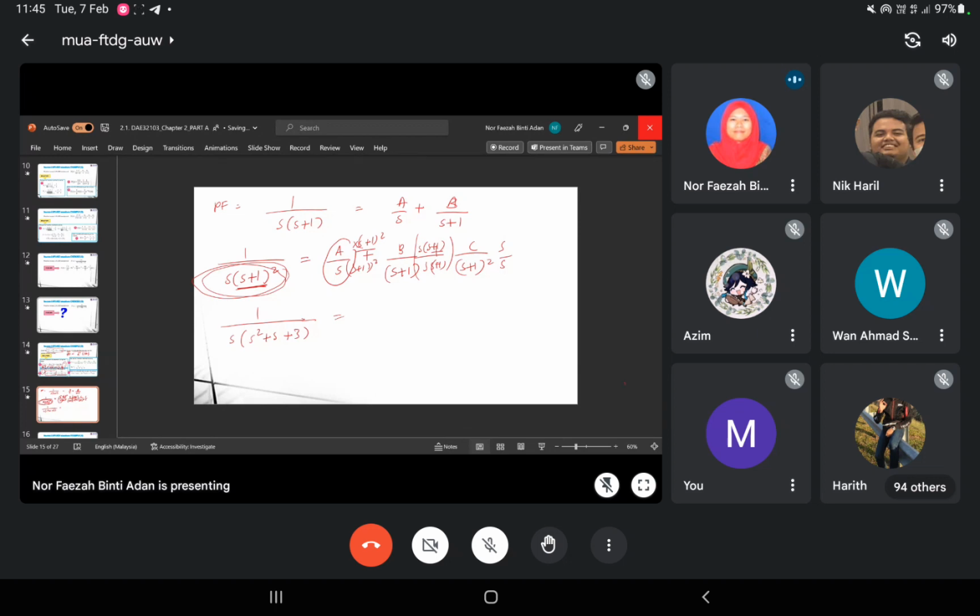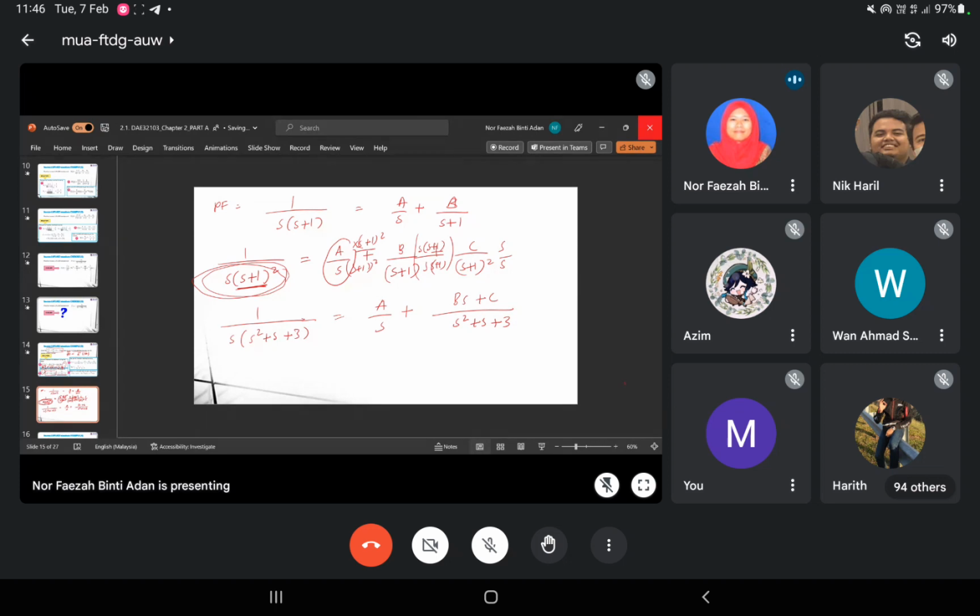Kita just nak roots yang nombor dia bulat 1, 2, 3, 4, 5 and so on lah. So what happen is bila kita buat partial fraction, it become A over S tambah BS plus C over S squared tambah S tambah 3. So ni you again lah, you samakan denominator. Left and right punya denominator samakan so that you cancel it off.